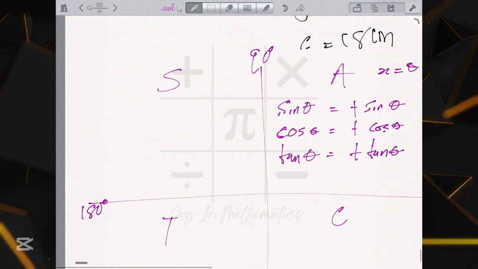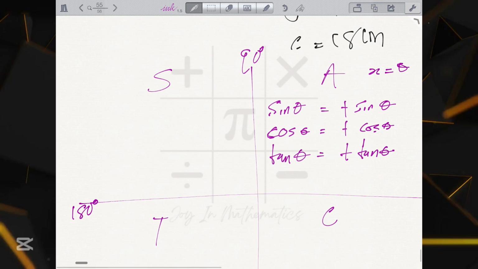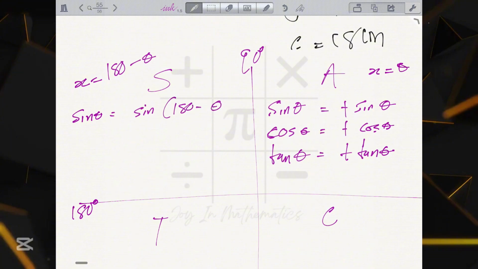Now, moving on to the second quadrant, we remember that the acute angle formula is x equals 180 minus theta. So sine theta is equal to sine of 180 minus theta in the second quadrant, and since only sine is positive, we'll have positive sine.